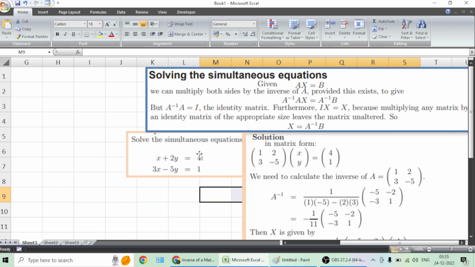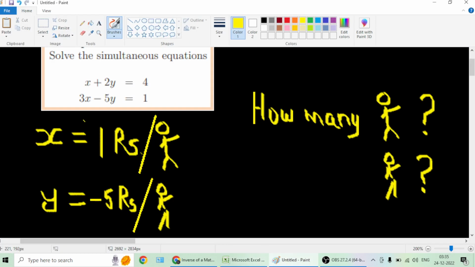Now a practical insight over this example would be that these two equations mean that x is 1 rupee per man, and y is minus 5 rupees per woman. I am trying to explain what these equations might mean practically in a real life case.